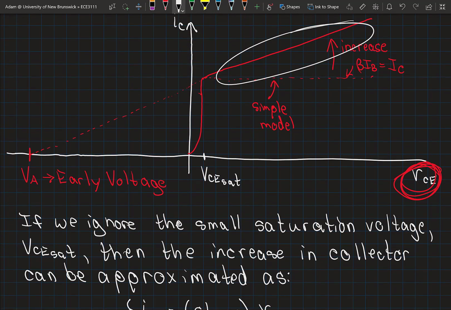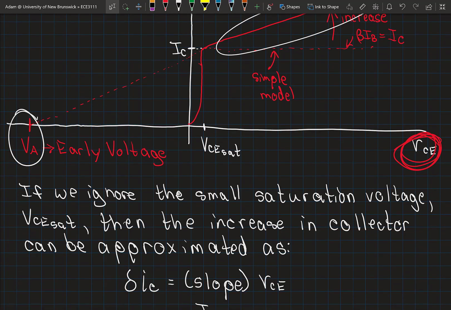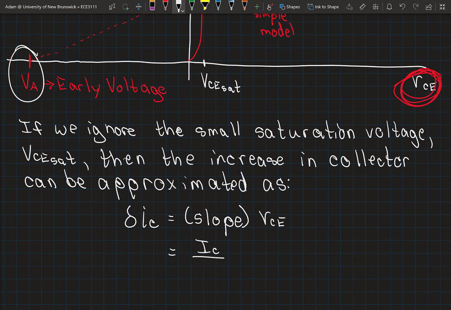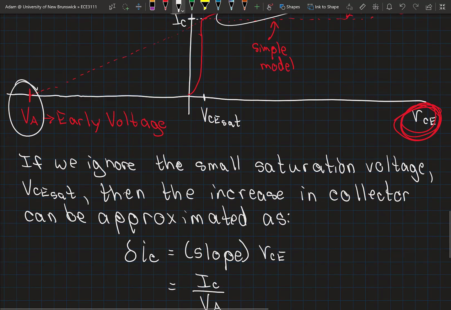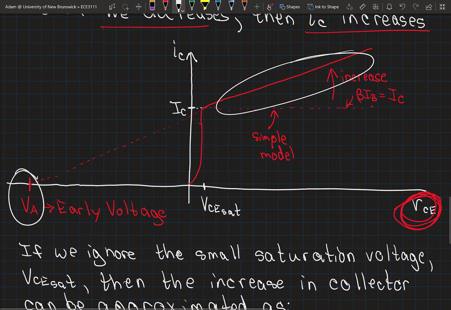So basically we're ignoring this saturation voltage and taking this collector current due to our bias, extending that to our point where we intersect the axis, which is our early voltage, and that gives us the slope of our characteristic.